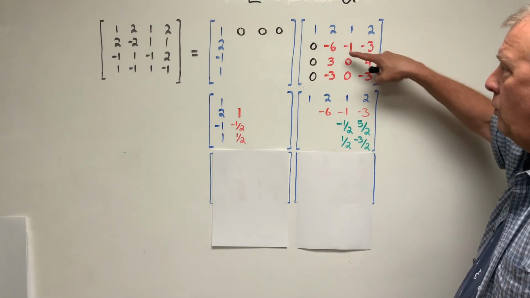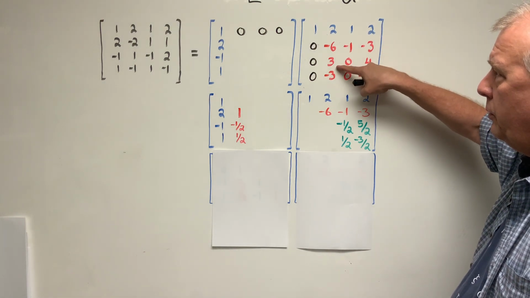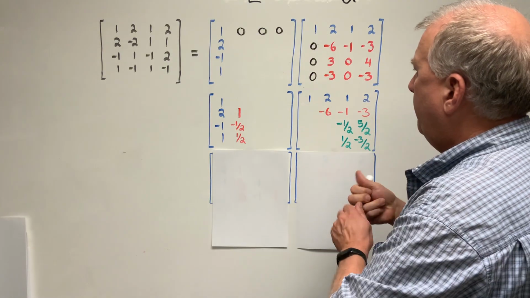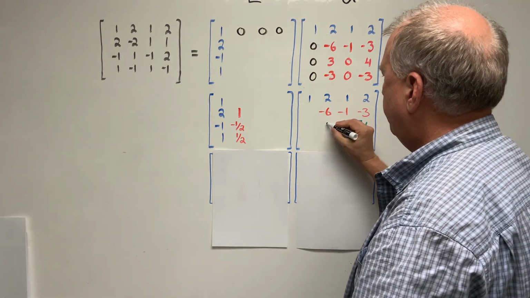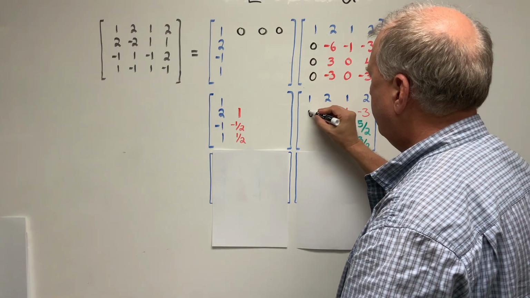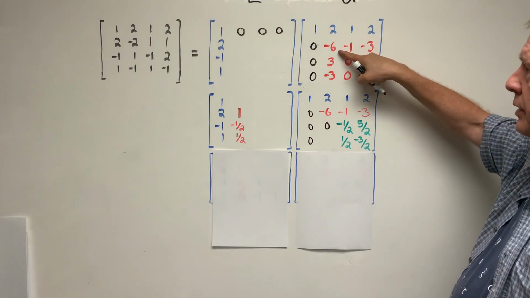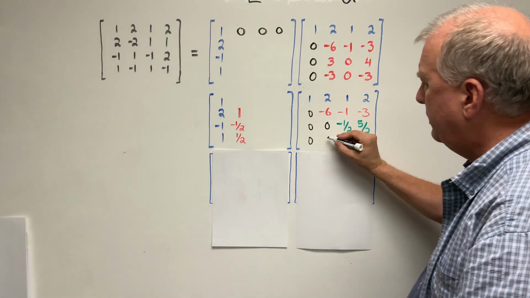Now I have to perform the elementary row operations that I just spoke to you about. 1 half times this plus this, 0. I'll fill in zeros as I go. Minus 1 half times negative 6 plus negative 3, 0.